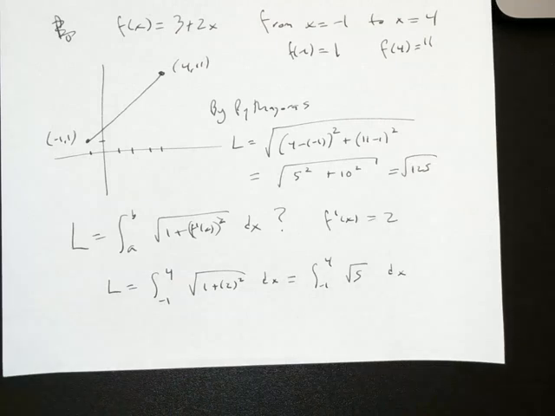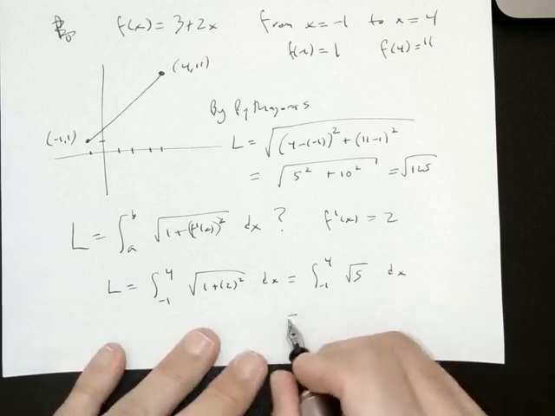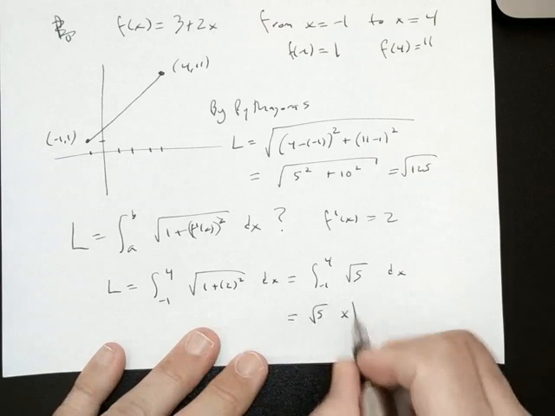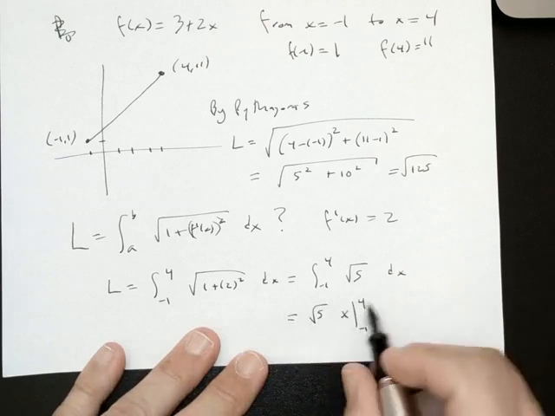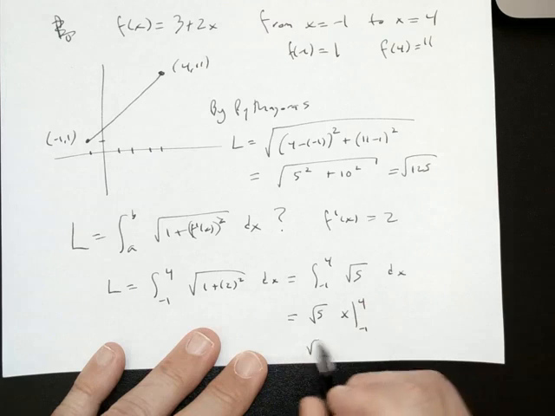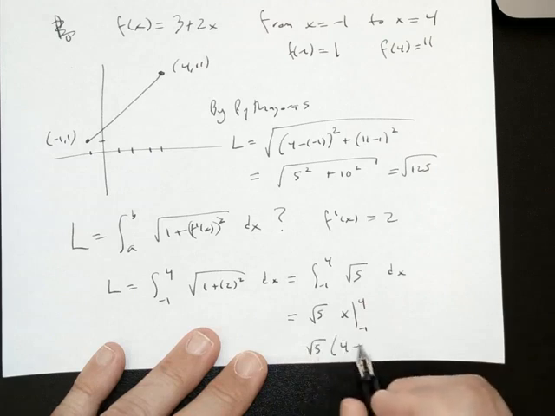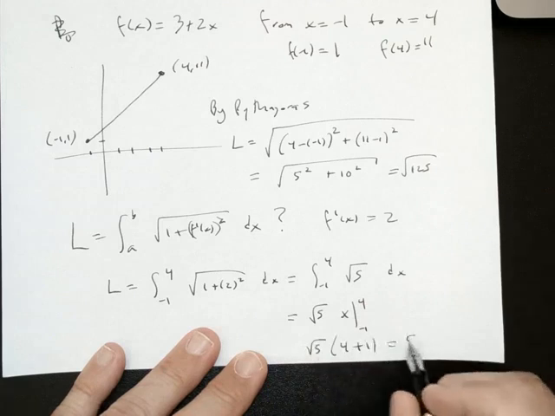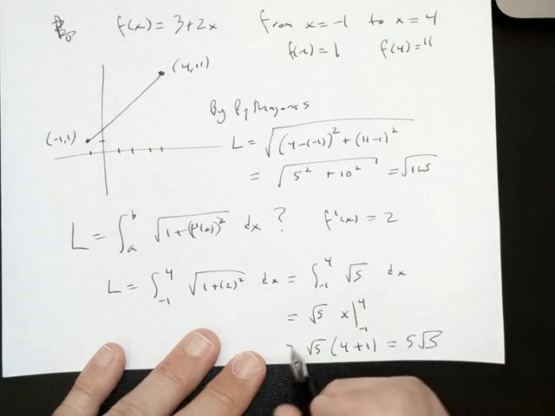That's a number, right? What's the antiderivative of a number? The number times x. And then I evaluate between 4 and -1. Well, that means I put in the 4, I put in the -1. 4 minus -1, that's 5 square root 5.